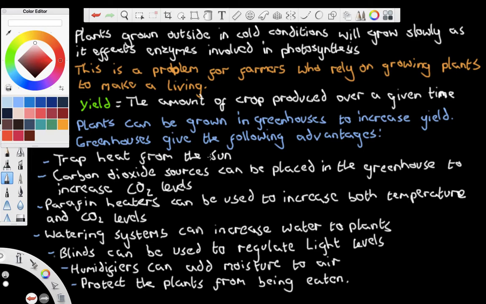They trap heat from the sun, increasing the temperature. Carbon dioxide sources can be added to increase CO2 levels. Paraffin heaters can be used to increase both temperature and CO2 levels. Watering systems can be used. Blinds can be used to regulate light levels. Humidifiers can add moisture to the air, and they also protect plants.